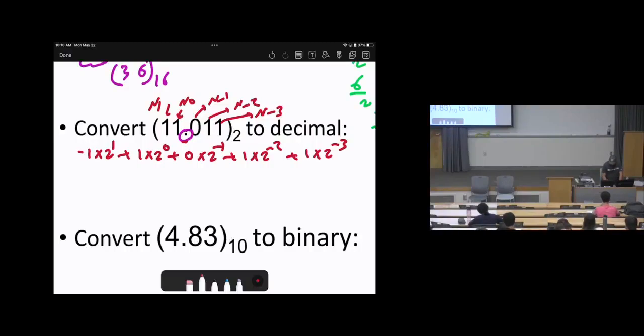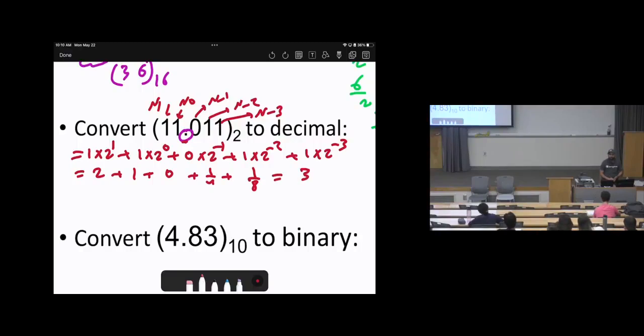Now, how do we find this? Here it will be 2 power 0, which is 1, plus 1, plus 0 times anything is 0, plus 1 over 4, plus 1 over 8, which is 3 over 8, then 2 plus 1 makes 3. So the answer will be 3 and 3 over 8.